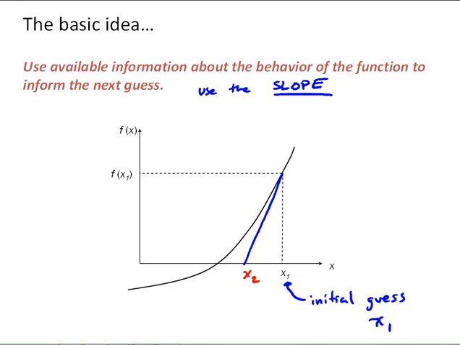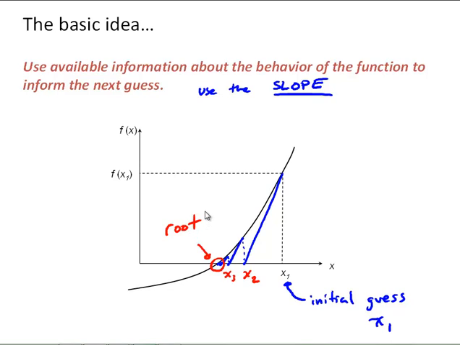Then take a function evaluation at x2 and the slope at x2 and use that to get our next guess, call that x3, and so on until eventually we get to the root.